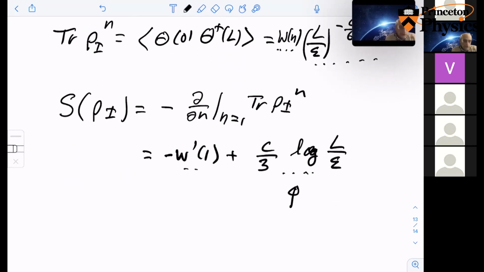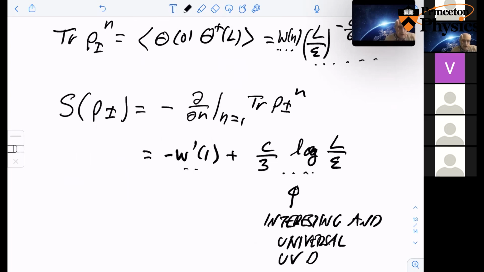Now this is the interesting and universal UV divergence. And we'll see both the fact that it's divergent is important, but also the fact that it's proportional to C over 3 is important. We'll find that this formula has a lot of implications and applications.